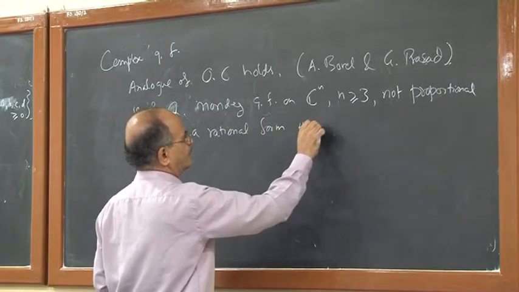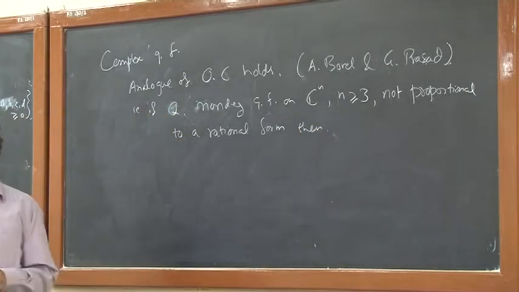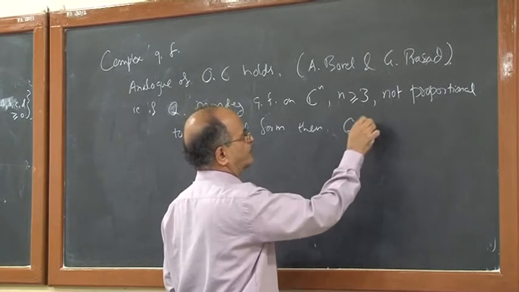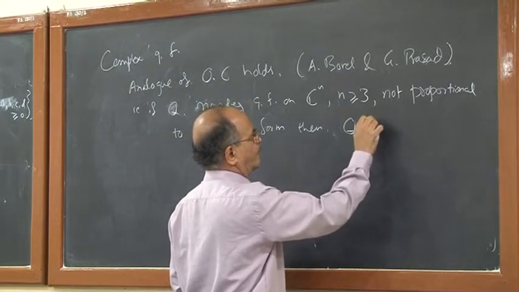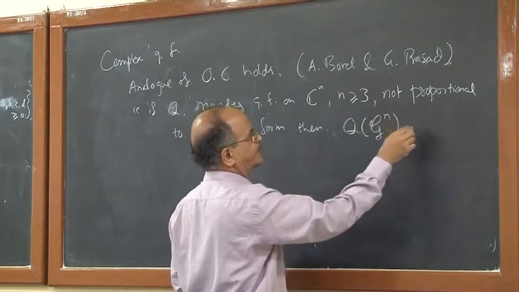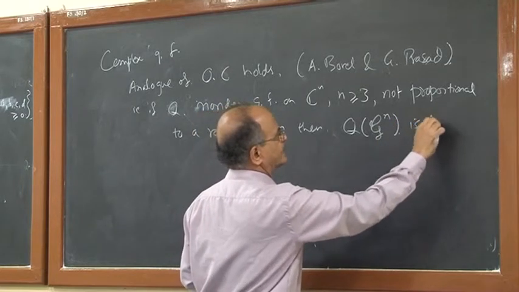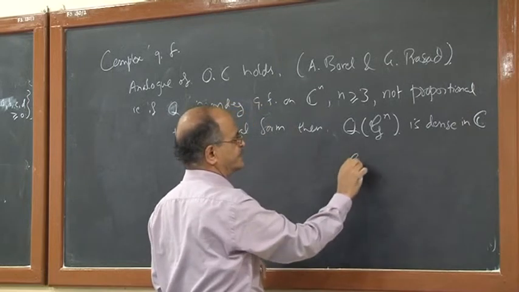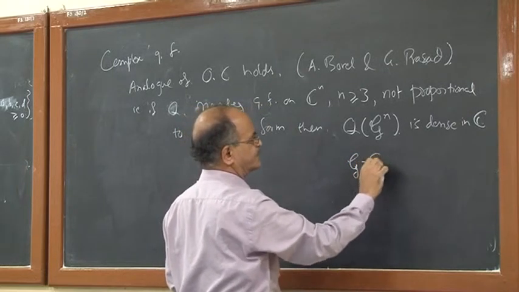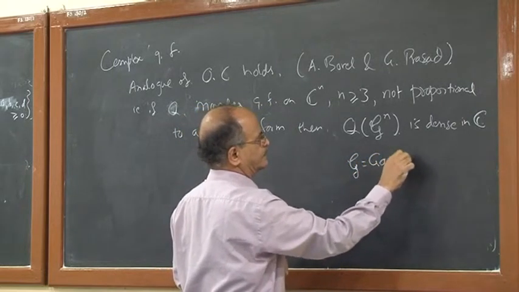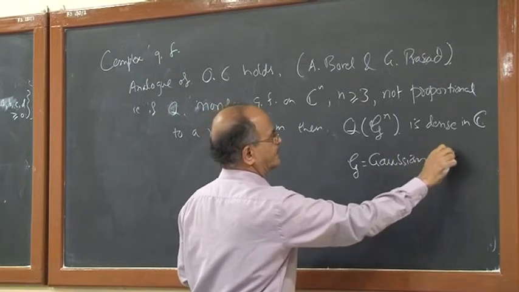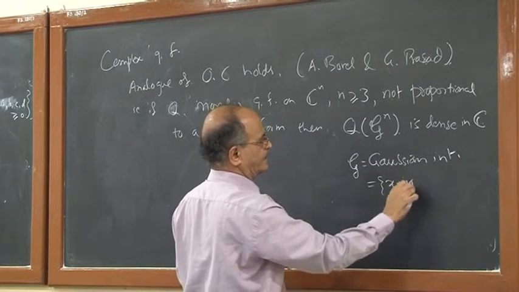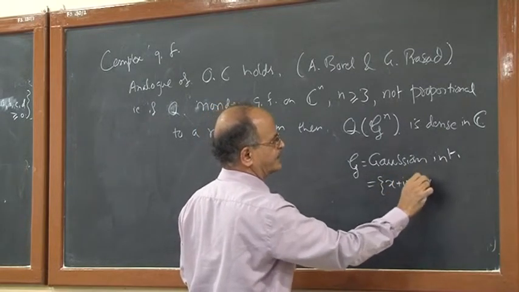then, now in place of the integers, I'm going to take Gaussian integers, Q of G^n is dense in C. Here G is equal to the Gaussian integers, that is x plus iy, with x and y integers.